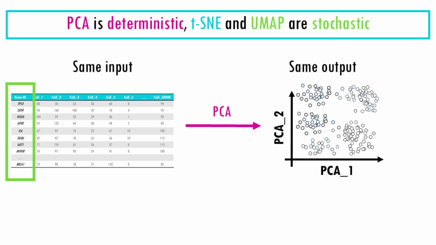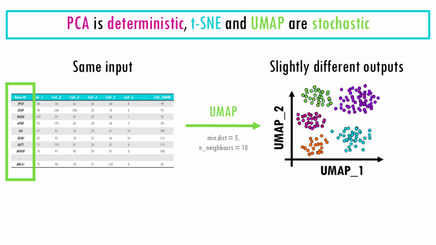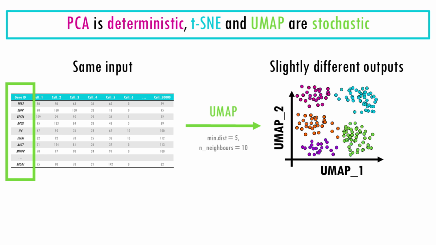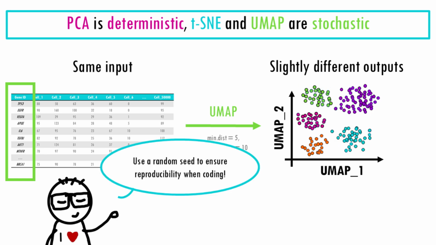But t-SNE and UMAP are non-deterministic algorithms, or if you'd like a fancier word, they are stochastic, meaning that if you rerun them on the same dataset with the same parameters, you might get slightly different results each time. This is because both algorithms involve elements of randomness in their optimization process. So if you're using these methods in your analysis, don't forget to set a random seed, which ensures that the algorithm's random processes are controlled and you get the same results each time you run the code.